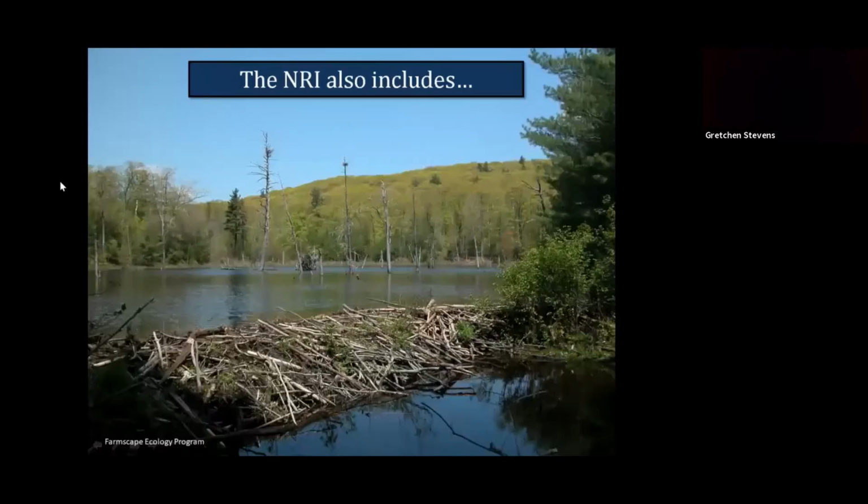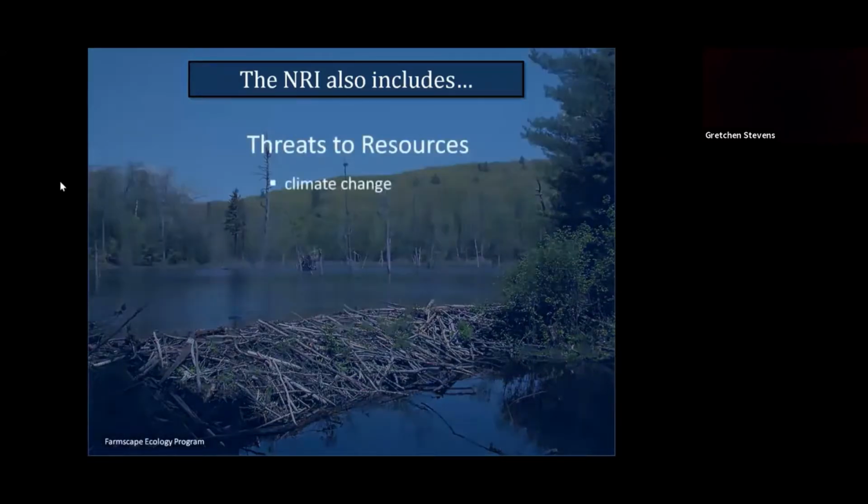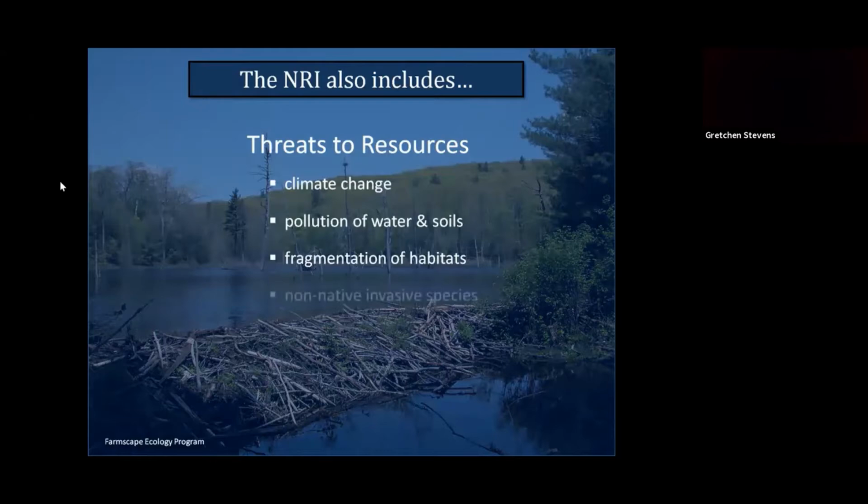The NRI also has discussions of some of the threats to natural resources in the county, such as climate change, pollution of water and soils, fragmentation of habitats, infestations by non-native invasive species of plants and animals, human-subsidized wildlife, loss of farmland, and others.